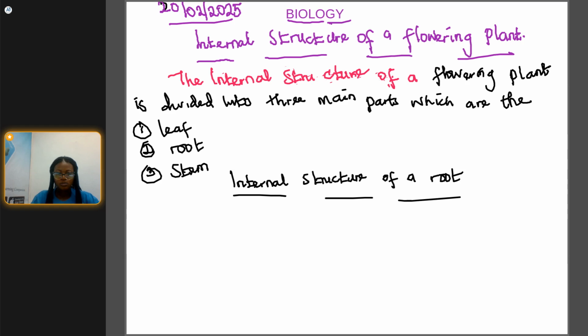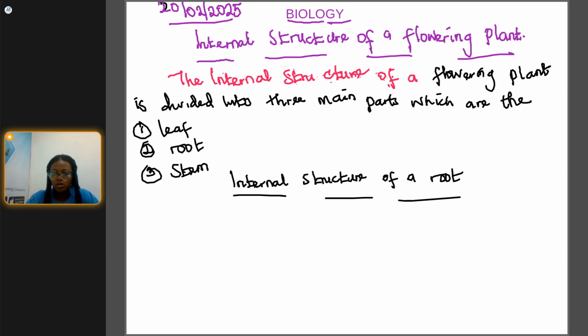So we want to look at what we call the functions, the major functions. That's what we want to look at now. The major functions of the parts of the plants, the components.